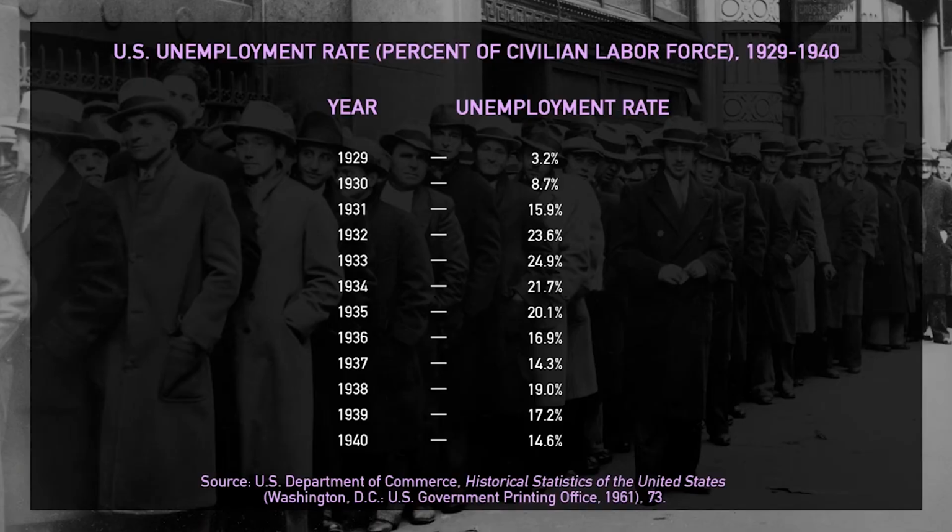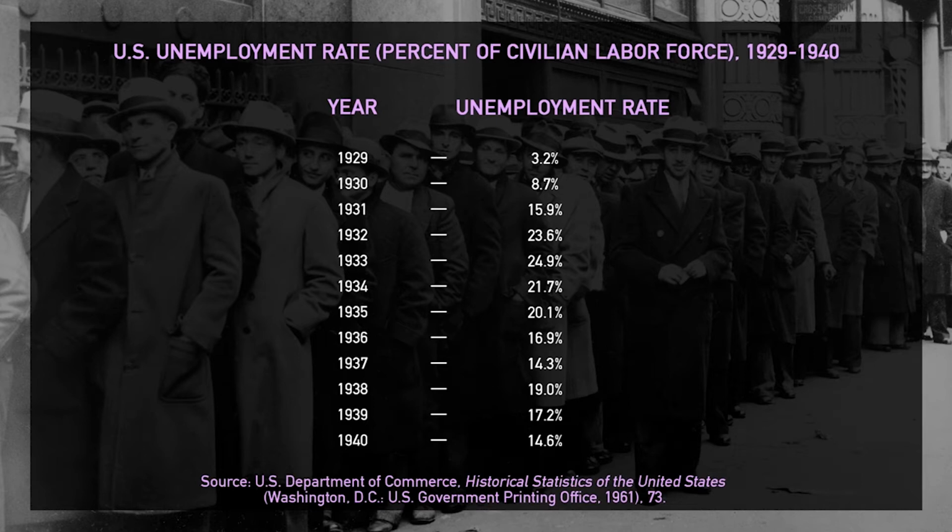In the year 1933, when he took over, yes, the unemployment rate was at 24.9%, and to all credit to him, he managed to get it down to 14.3% in 1937. However, this was the lowest that FDR could get the unemployment rate to.